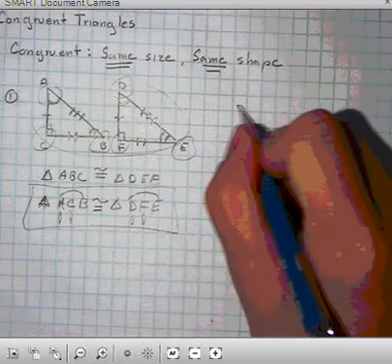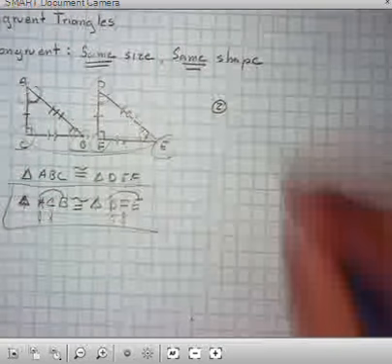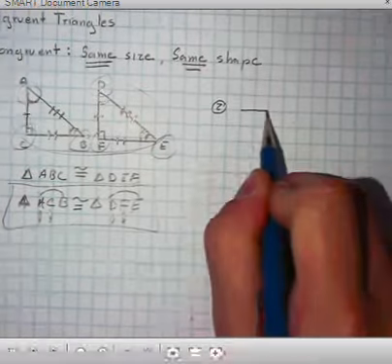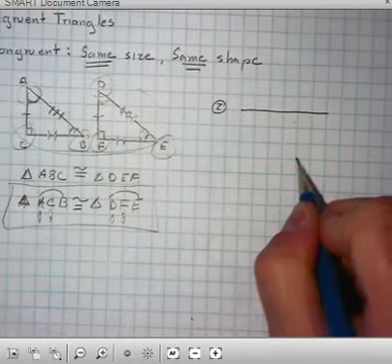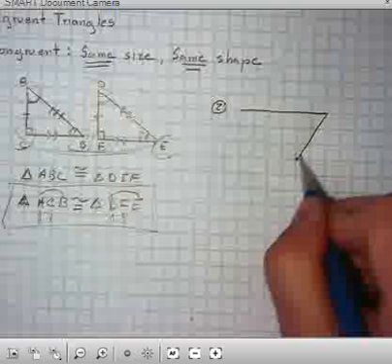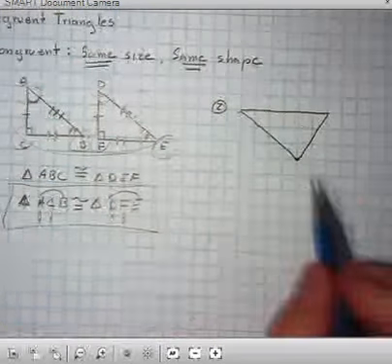Let's look at another example. Let's say I've got a triangle and it looks like this. Yours won't be exactly like this, but close is fine.